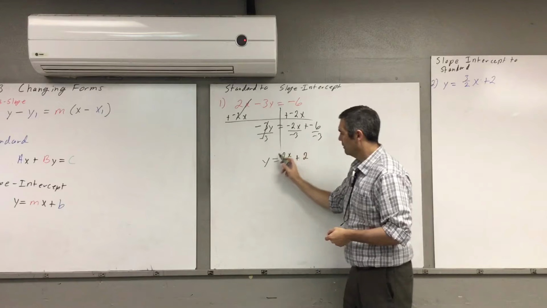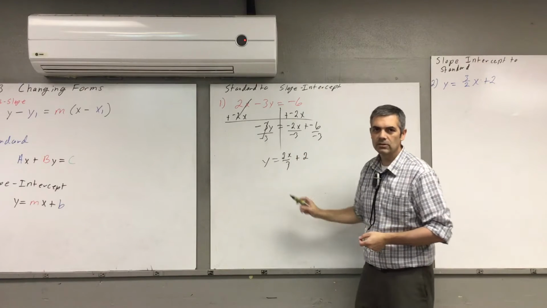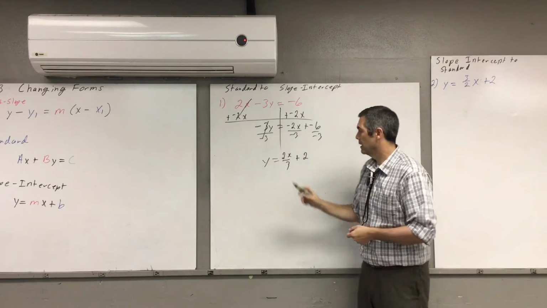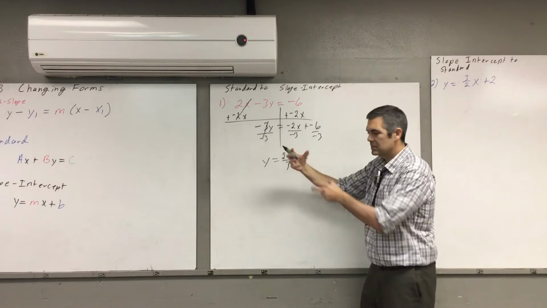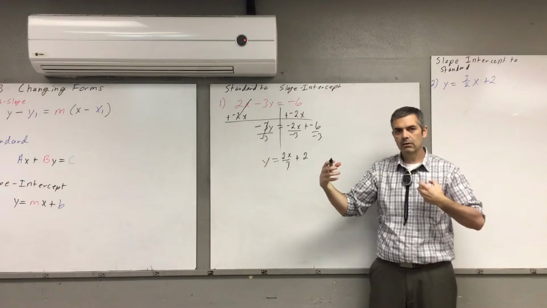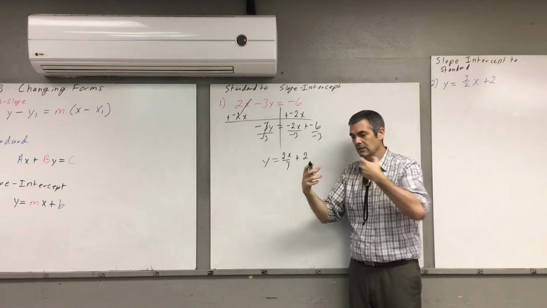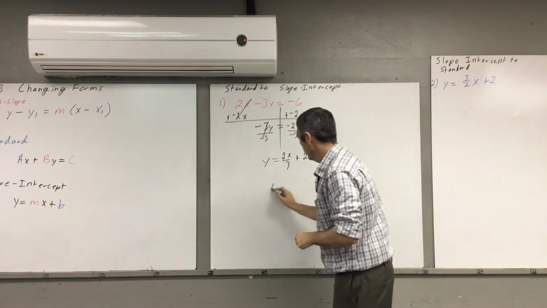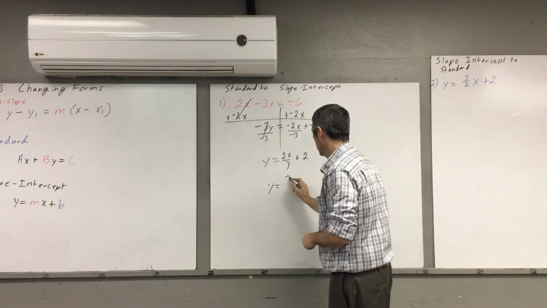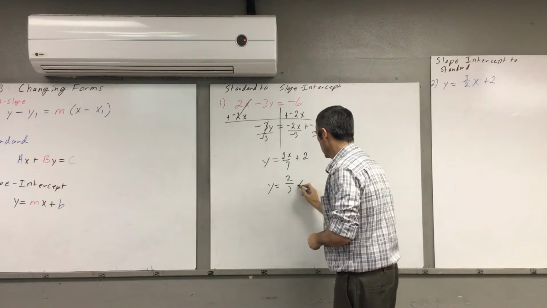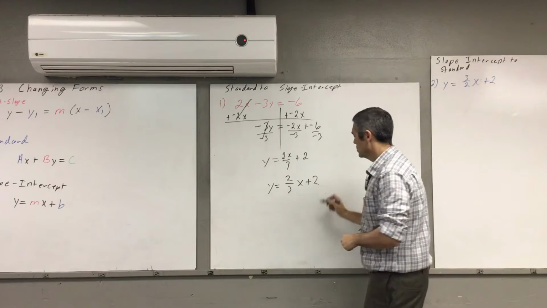Now, the neat thing about this is if you know your fraction rules, you know that this x can get separated out to the side because it's up on top and it's multiplication. So when I rewrite this, y equals 2/3 x plus 2.